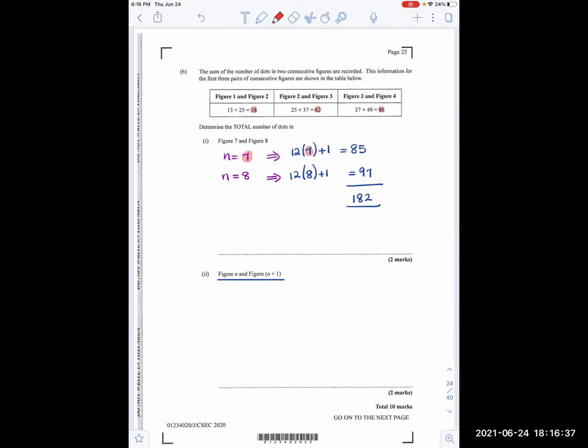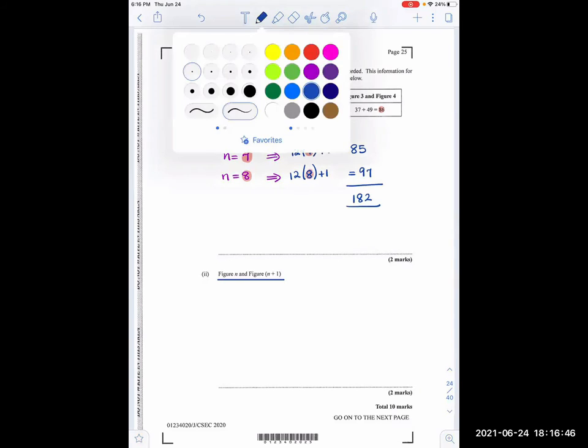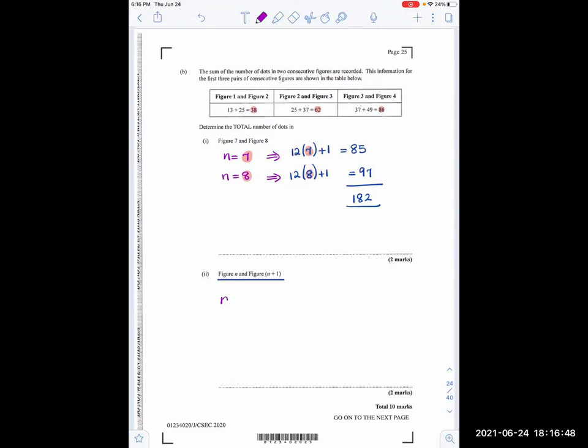And you substitute 8 and you get 12 by 8 plus 1. The same thing you're going to do here. So, n is equal to n first, and n is equal to n plus 1.